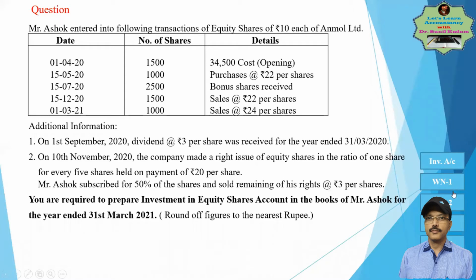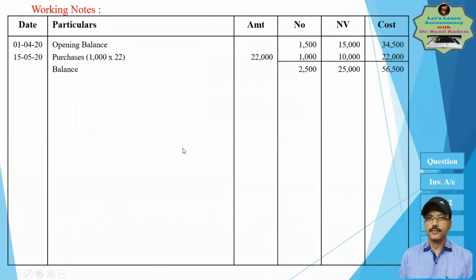The bonus is given directly. So 2,500 into 10, 25,000 nominal value will increase, but the cost remains the same because the cost paid is zero. Let's record it in the working note first: date 15/7, bonus shares received 2,500, nominal value increased, and the cost paid is zero.